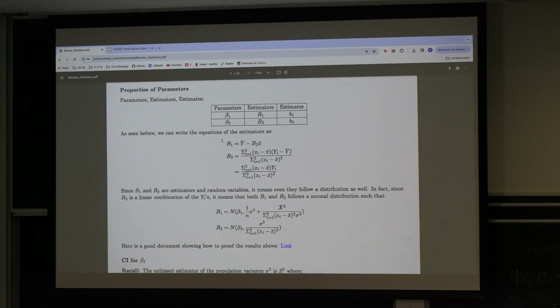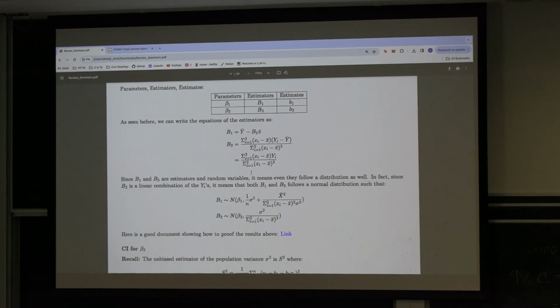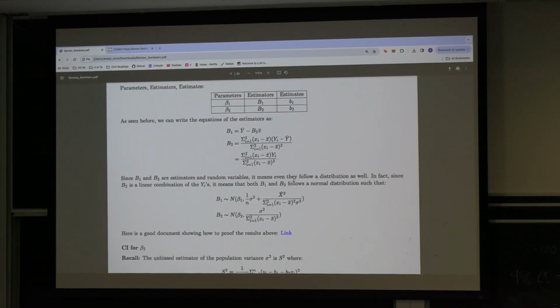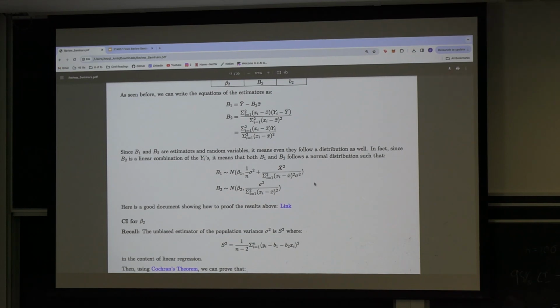So we've seen before, b1 equals y bar minus b2 x bar, and then b2 is this whole equation over here. Since B1 and B2 are random variables, they also follow a distribution, and they actually follow a normal distribution.